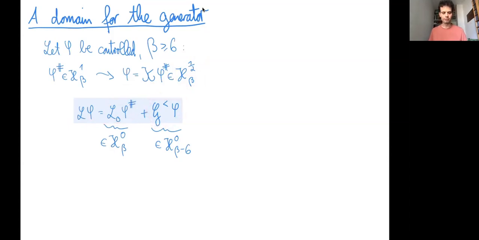And this thing here we already saw is in H0 of beta because we just lose one derivative in the upper variable by L0. And this thing here, by the computation we just did, is in H0 beta minus 6. And so since beta is bigger than 6, also this is positive. So the right-hand side is in L2.